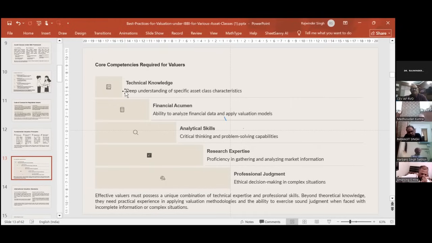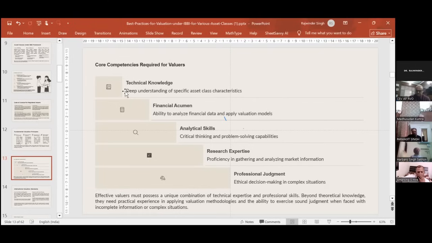So it means he should have research expertise, and he should be able to make fair professional judgment. Fair professional judgment means he should make ethical decisions even in complex valuation situations.